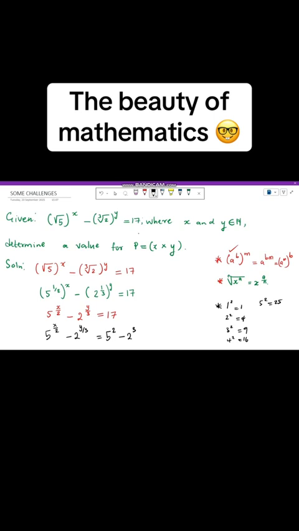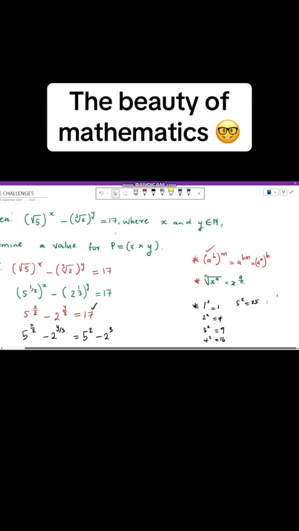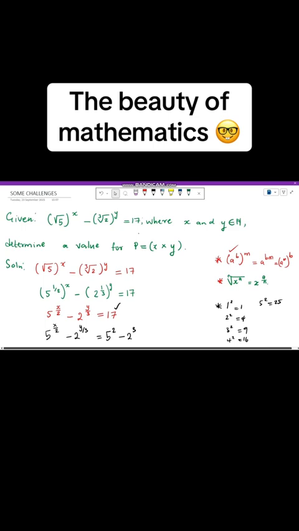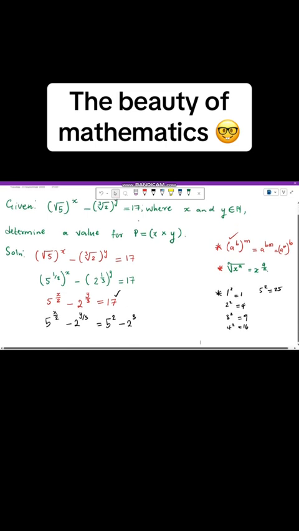So let's double check that. 25 minus 8, that is going to give us the 17. So you see, this is just the small trick behind which you can try to play around with.